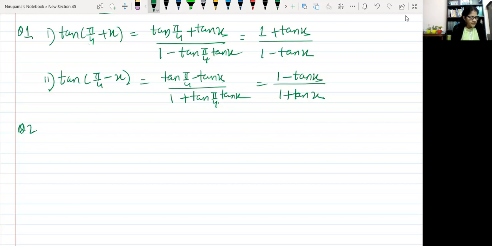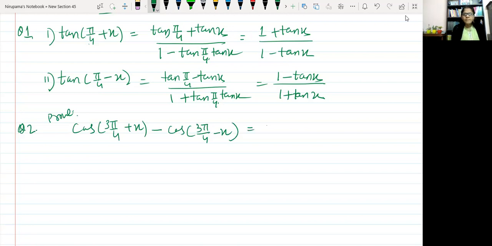Okay, so next question is cos(3pi/4 + x) minus cos(3pi/4 - x). You have to prove that this is equal to minus root 2 sin x.